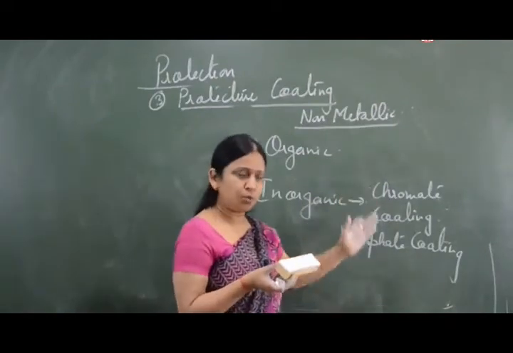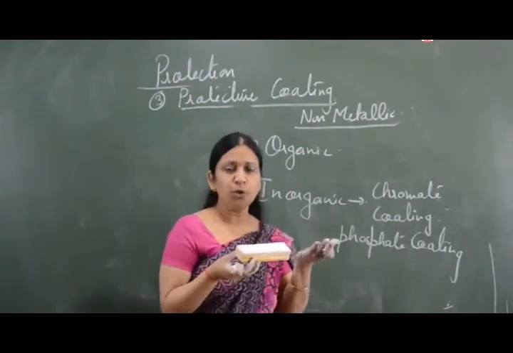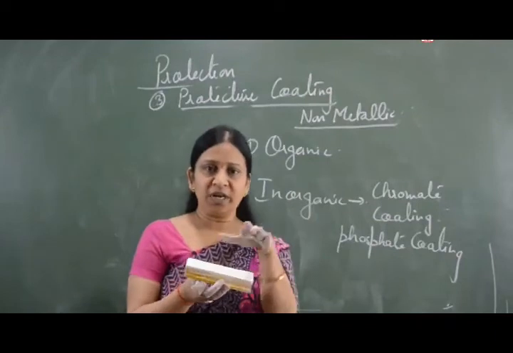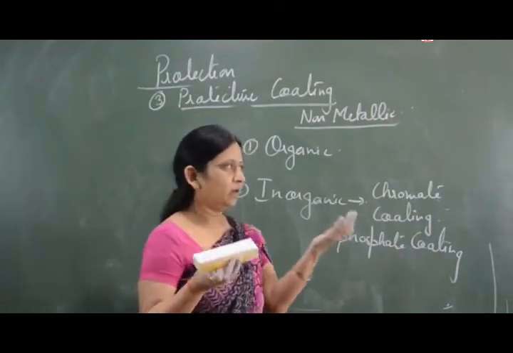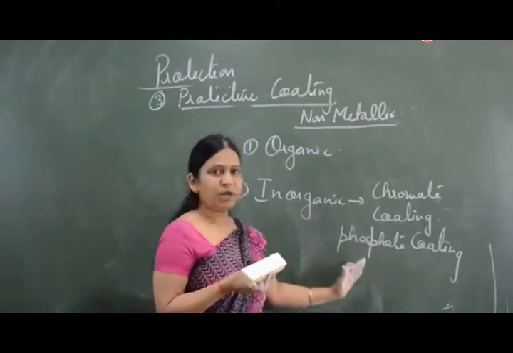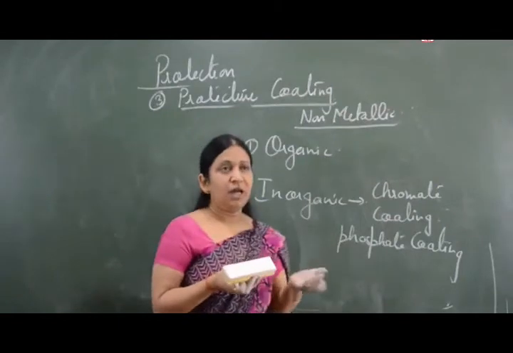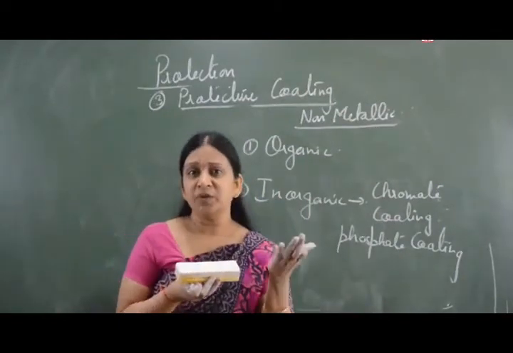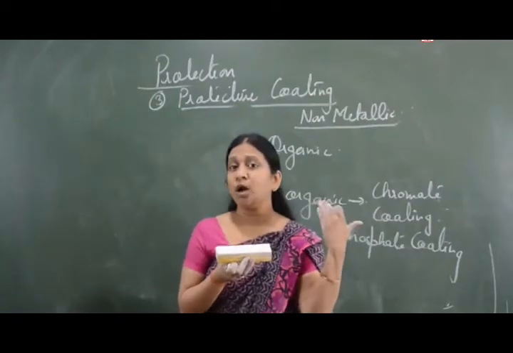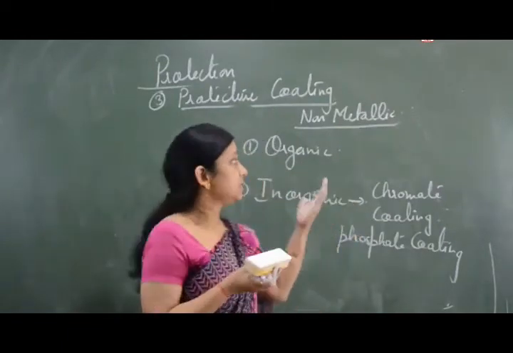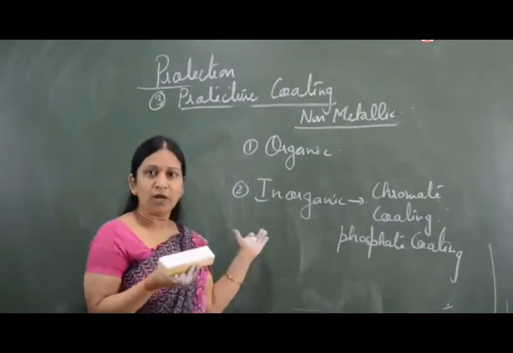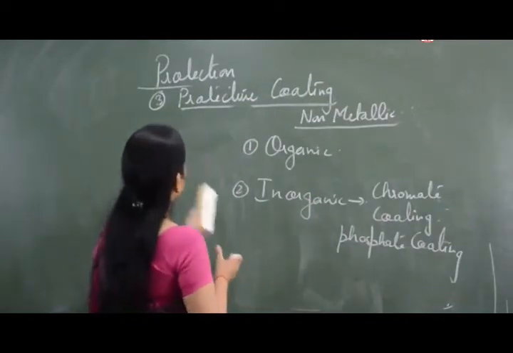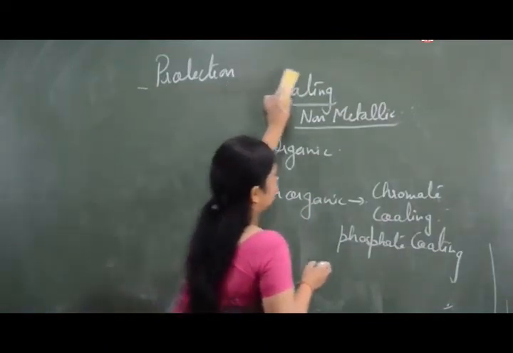So we develop a protective film on the surface, and the protective film can be of chromate or of phosphate. Another example of inorganic coating is misovit, which is applied on the Ashoka pillar. That is also an example of non-metallic or inorganic coating. So these are protective coatings.